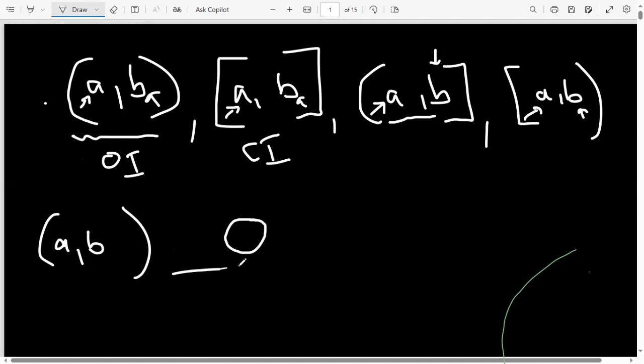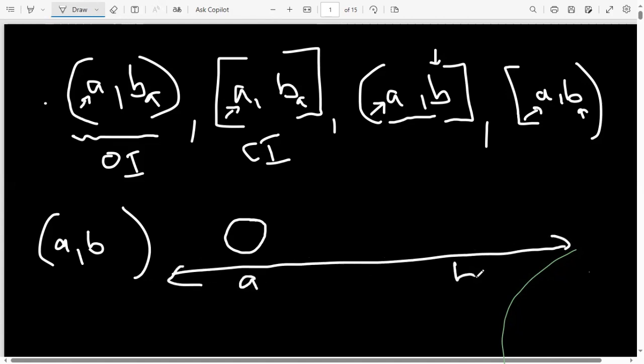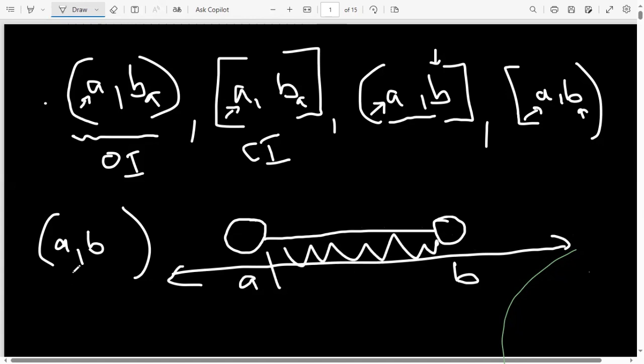So if I have a number line here, and here I have A, and somewhere there I have B, on this A I'm going to draw an open circle, and even on the B I'm going to draw an open circle, and then draw a line in between. Every member between A and B is included in that set, apart from the A and the B.